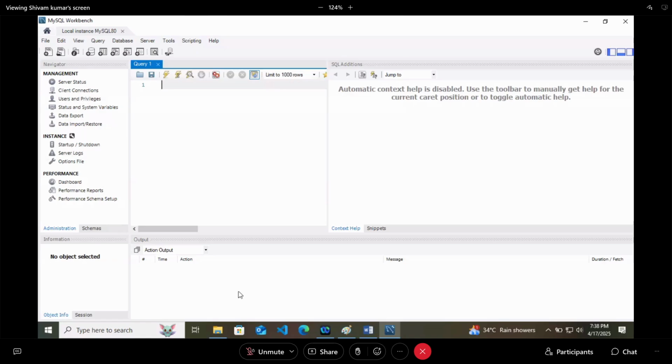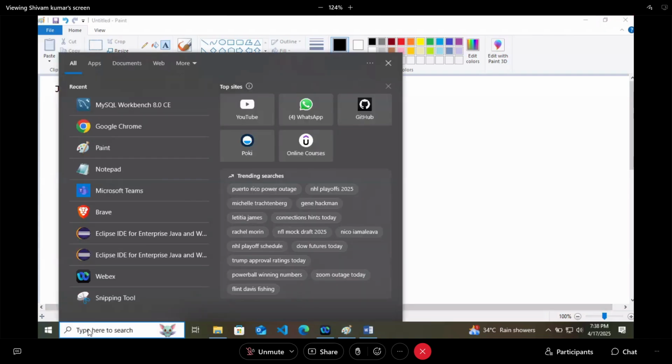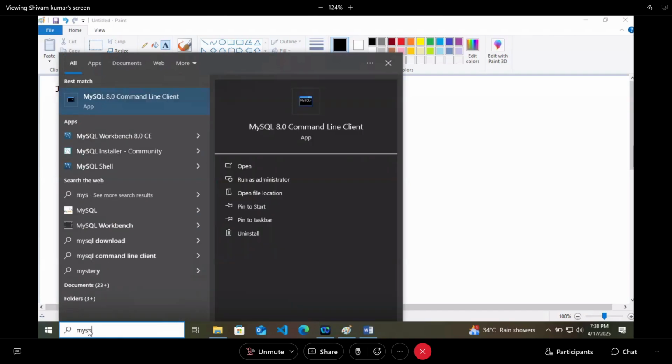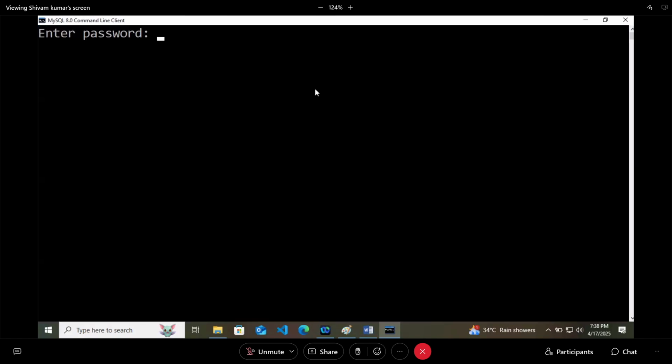It looks a bit complex. This is the MySQL Workbench. Queries are almost the same because both depend on SQL. I will show you the command line of MySQL. So I kept my password and here MySQL is coming.